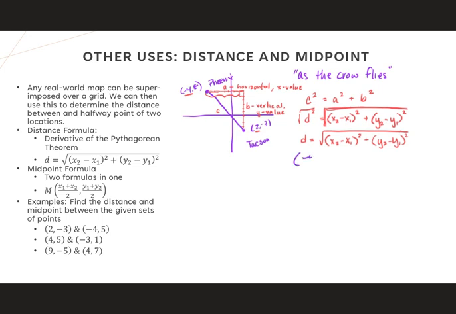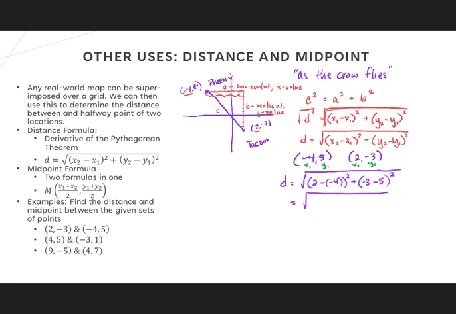So let's take these two numbers. I'm working with negative 4, 5, and 2, negative 3. So my distance is going to be, well, let's make this x1 and y1, and this x2 and y2, because every point is an x value and a y value. So my distance is going to be x2, which is a positive 2, minus x1, which is a negative 4, squared, plus y2, which is a negative 3, minus y1, which is a positive 5, also squared.